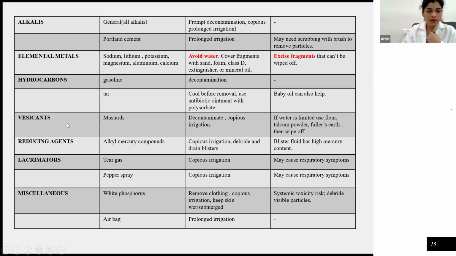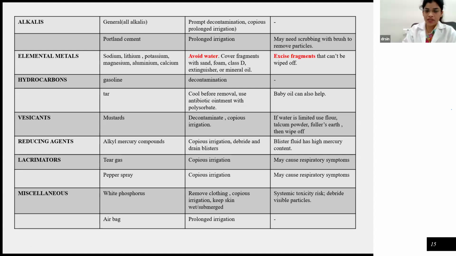And the next category is the vesicants, where in case of mustards, decontamination and copious irrigation should be done. And if water is limited, use flour, talcum powder, fuller's earth, and then wipe off. And next category is the reducing agents, where alkyl mercury compounds are responsible for chemical burns.